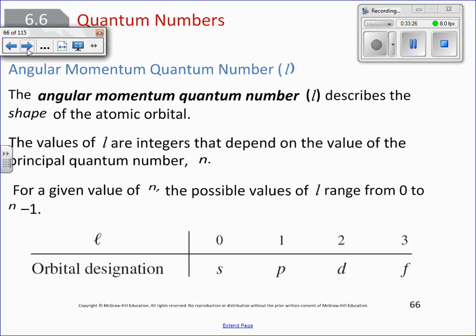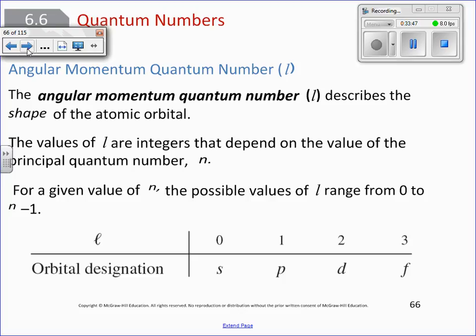When n is 2, what is L going to be? Well, it's going to be 0. And what's the next number? 1. Right? That's n minus 1. For 3, we're going to have 0, 1, 2.